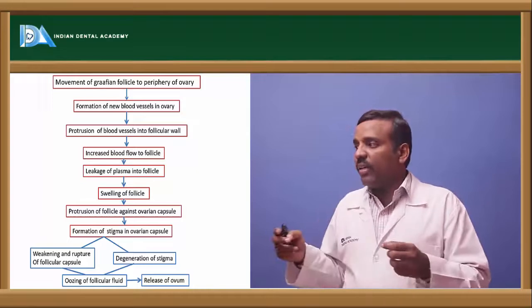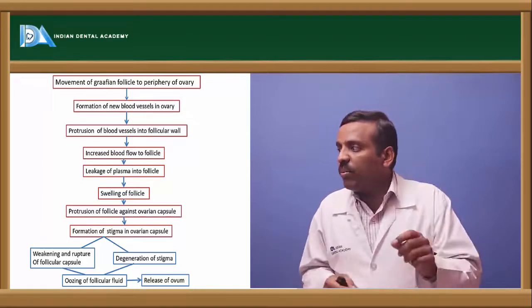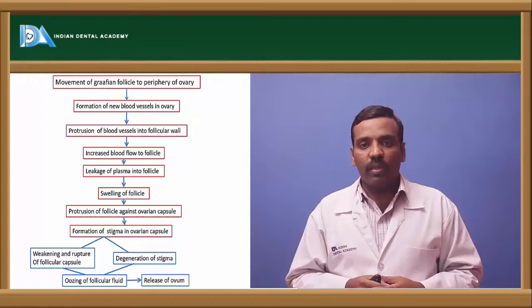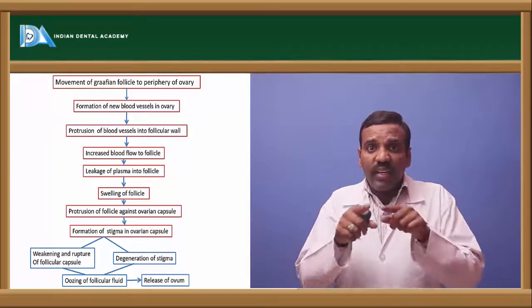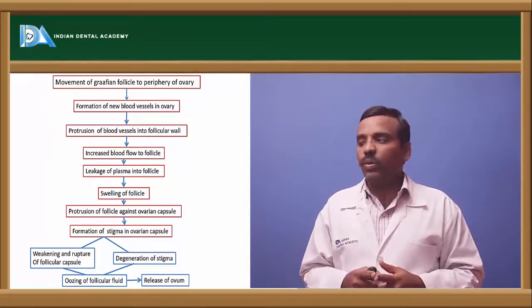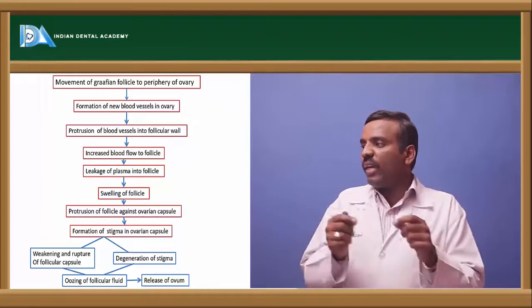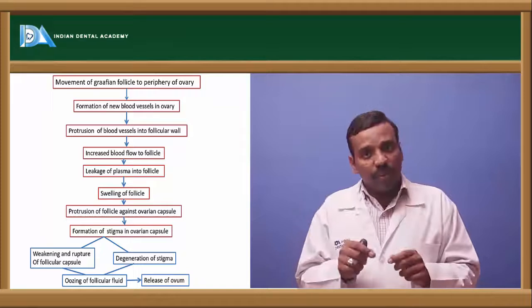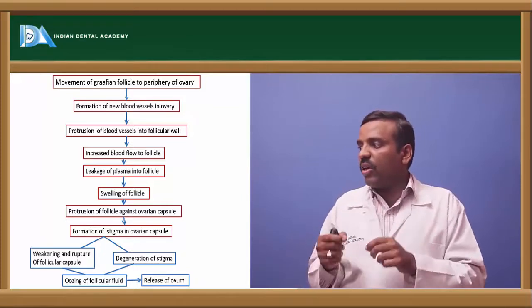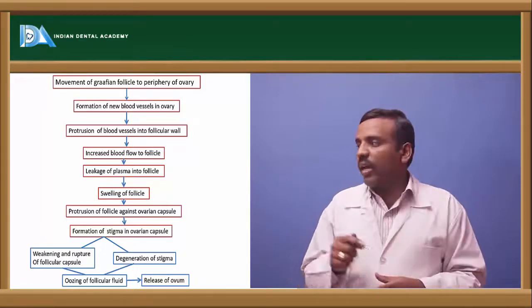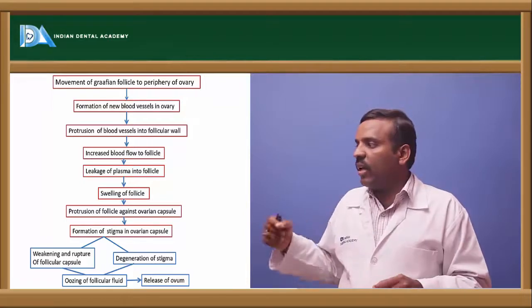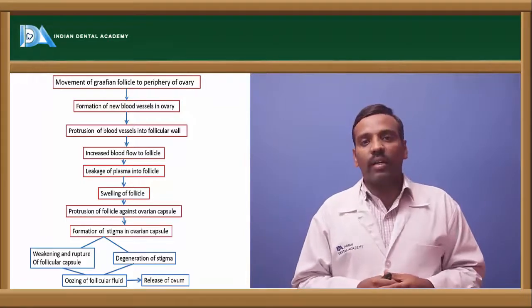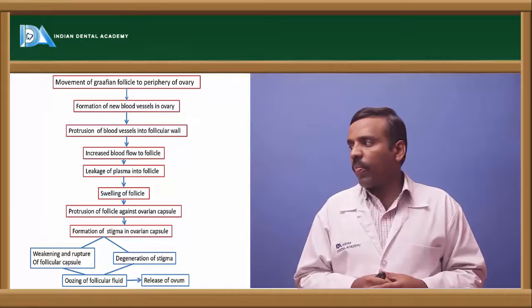Okay, and then formation of the stigma of the ovarian corpuscle. Here it divides into two types. One is weakening and rupturing of the follicle and the follicular corpuscle, then immediate oozing of the follicular fluid, and finally the ovum is released.